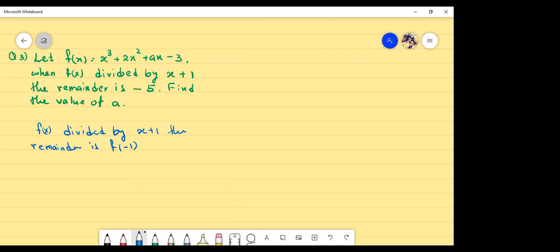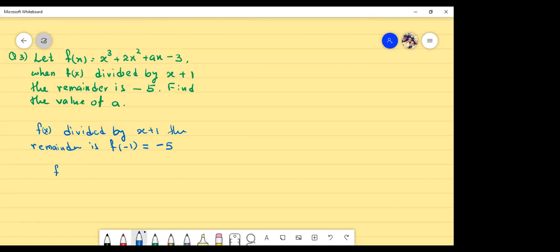By the remainder theorem, we take it as f minus 1. Okay, but it's given. What is that? f minus 1 equal to minus 5. Now where we have f minus 1, we can replace it and equal to minus 5.